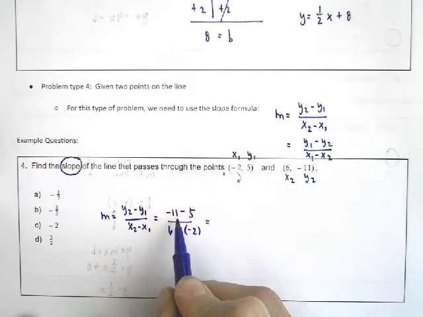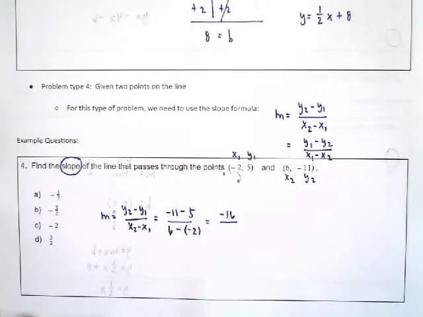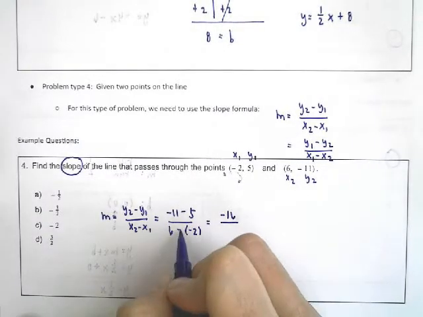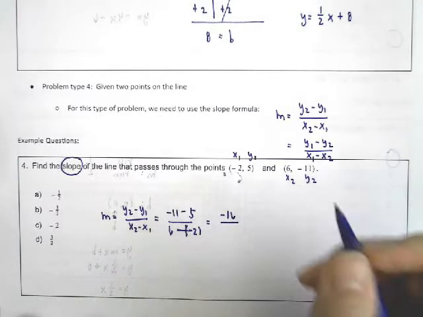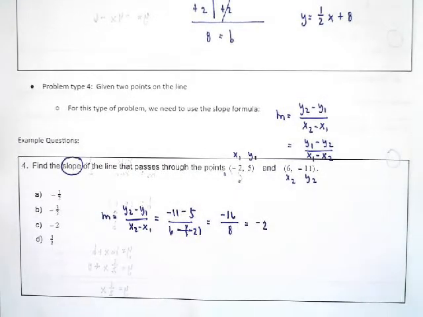And now I'm going to simplify. Negative 11 minus 5 is a negative 16. Here we have to remember that subtracting a negative is the same as adding. So I'm going to have 8, and my slope is negative 2.